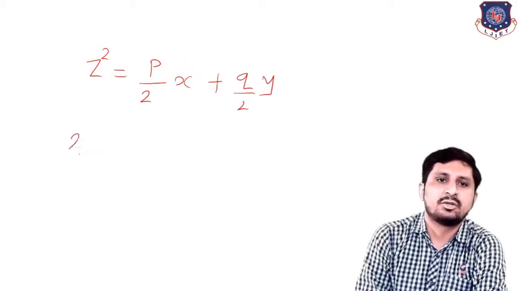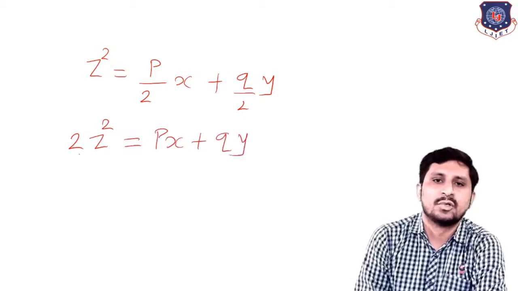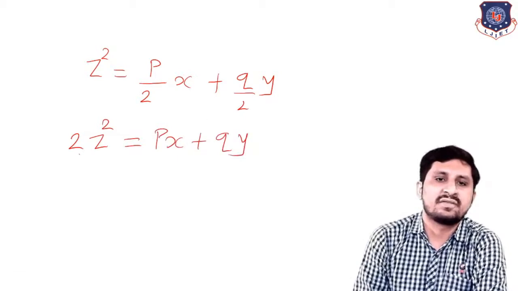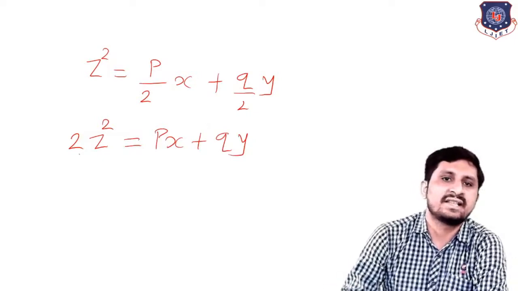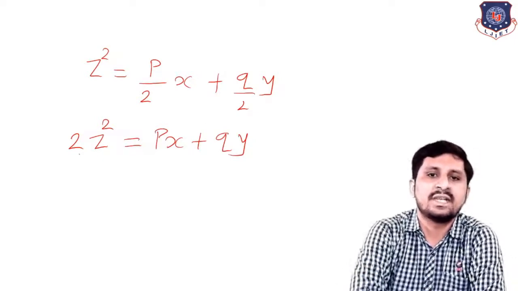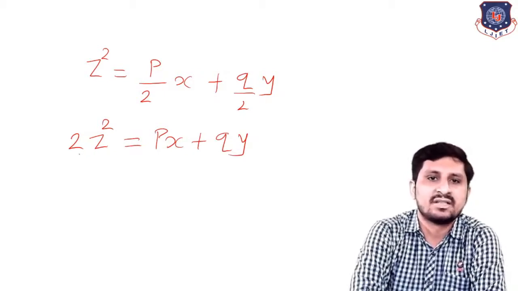So 2z square is equal to px plus qy. This is our partial differential equation from the given equation. So in this lecture we discussed how we can find a partial differential equation using the elimination of arbitrary constants. So thank you.